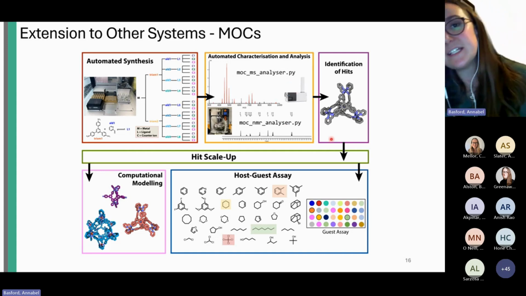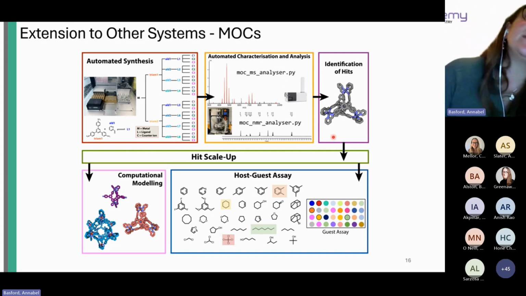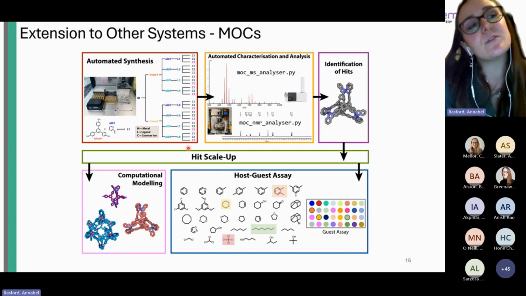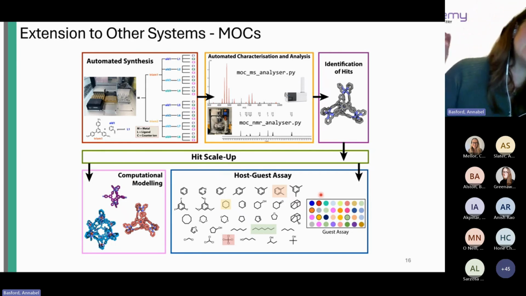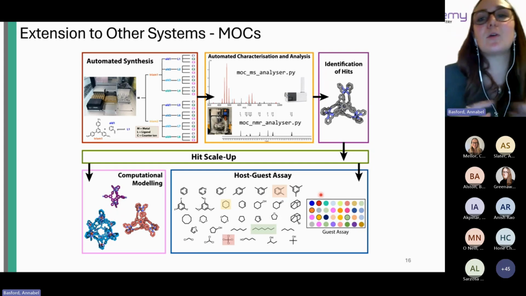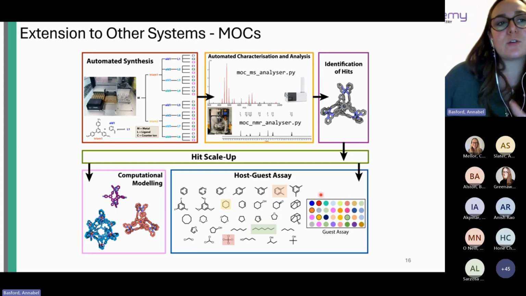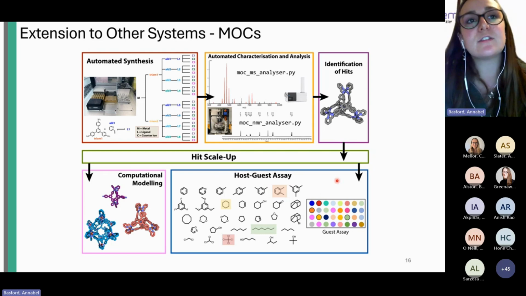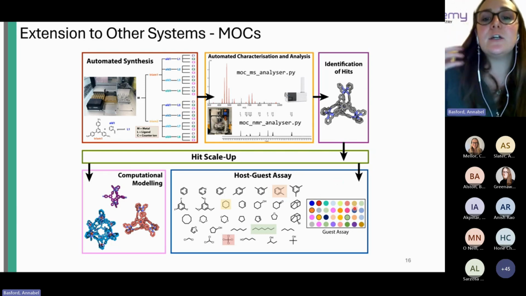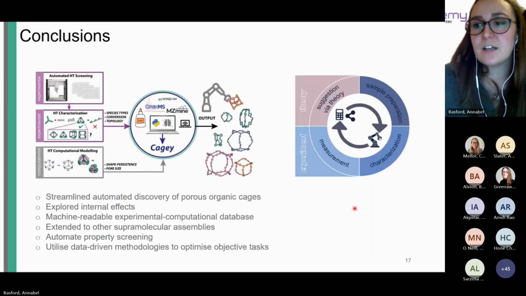We can identify hits of this workflow. And then what we did, we actually scaled up some of the hits from the workflow, aided with computational modeling. And then what was really nice is that we conducted automated property screening as well, not just computationally. So we conducted a host-guest assay on our different created materials to see binding properties.